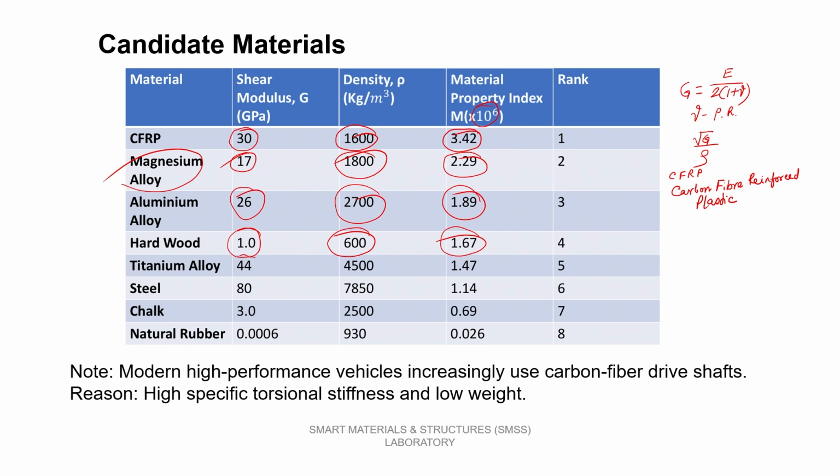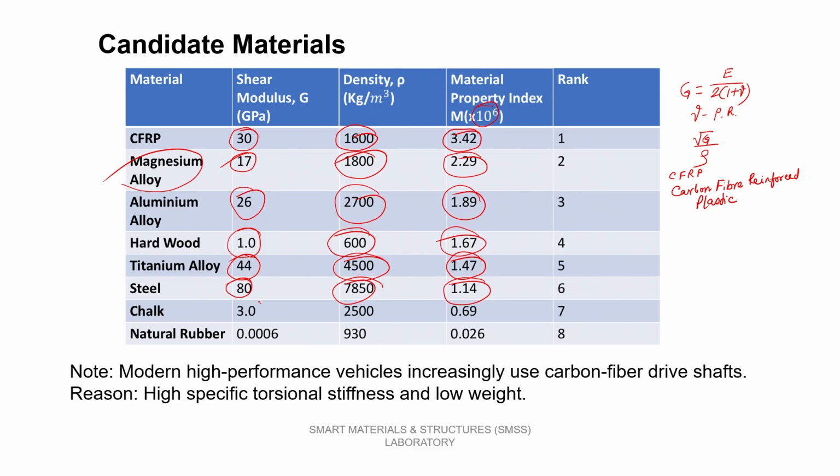Titanium alloy, with 4500, will come out to be 1.47. Steel, with 7850, will come out to be 1.14. And I thought of keeping some ceramics also, just for your curiosity.